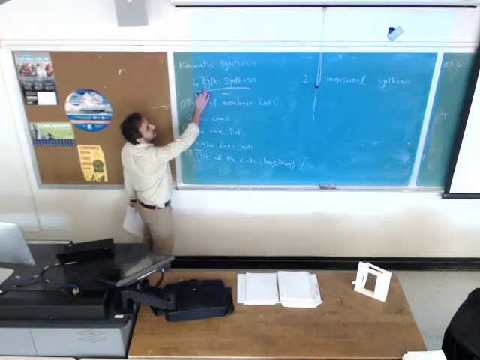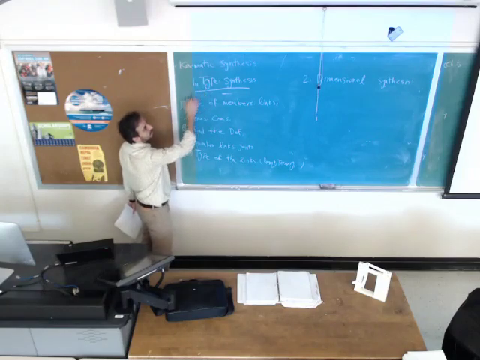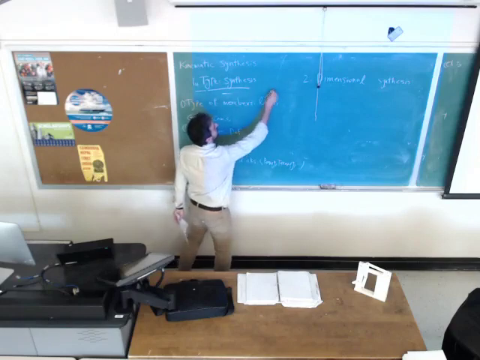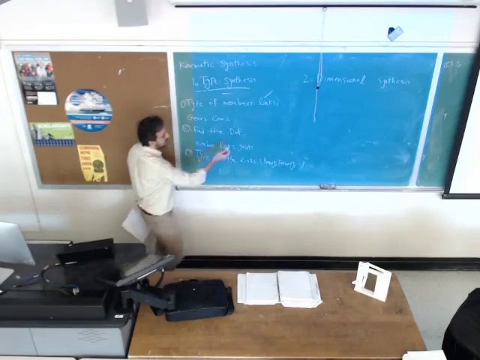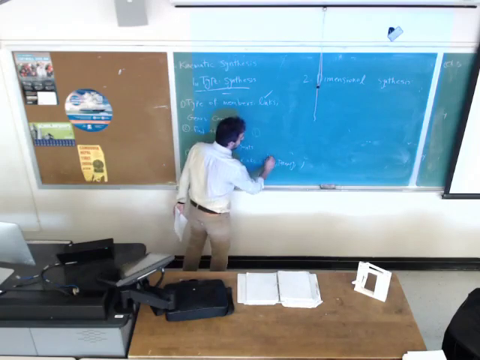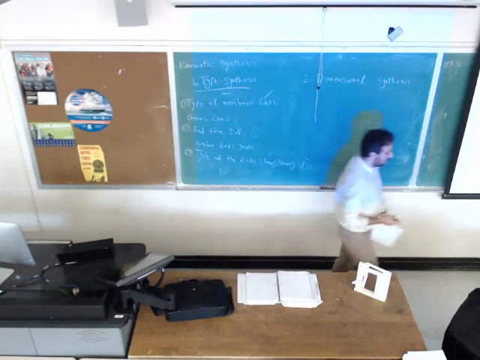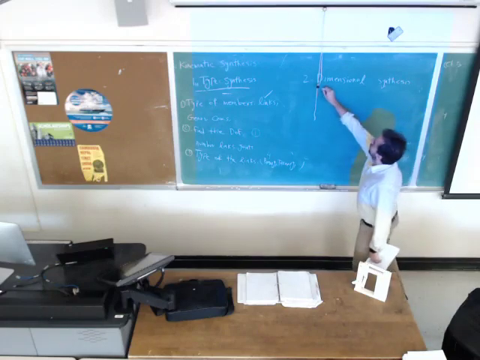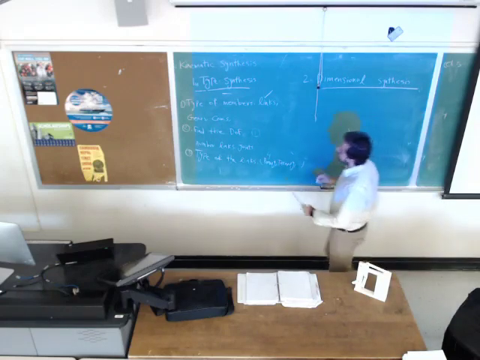What do I mean when I say we are done with type synthesis? We know that we have a linkage mechanism. It's a 4-bar mechanism with 1 degree of freedom, for example. So we need 4 binary links and 4 pure rotational joints. So after we figure out the type of the mechanism, we are doing the dimensional synthesis.